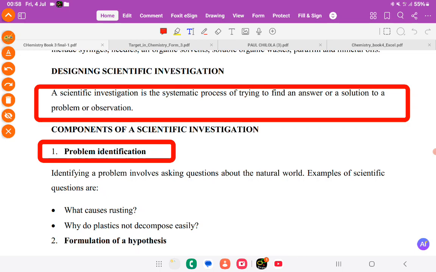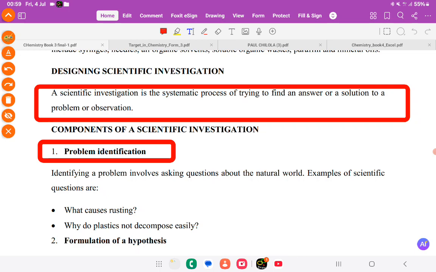So identifying a problem involves asking questions about the natural world, your daily observations, all right? Examples include, for example, what causes rusting. Rusting, remember, is the formation of an oxide on a metal, for example, iron, right?